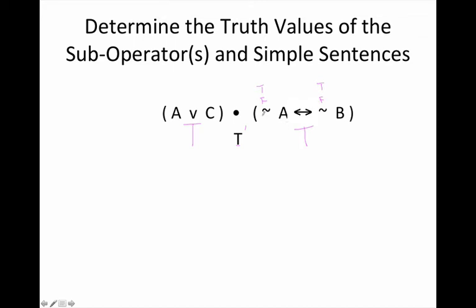Now, suppose that we said that tilde was false for the negation here, for the left side of the triple bar. Then that would make A true, and then we could plug that value in here, and it wouldn't matter what C is. And if we made tilde false here, that would make B true.